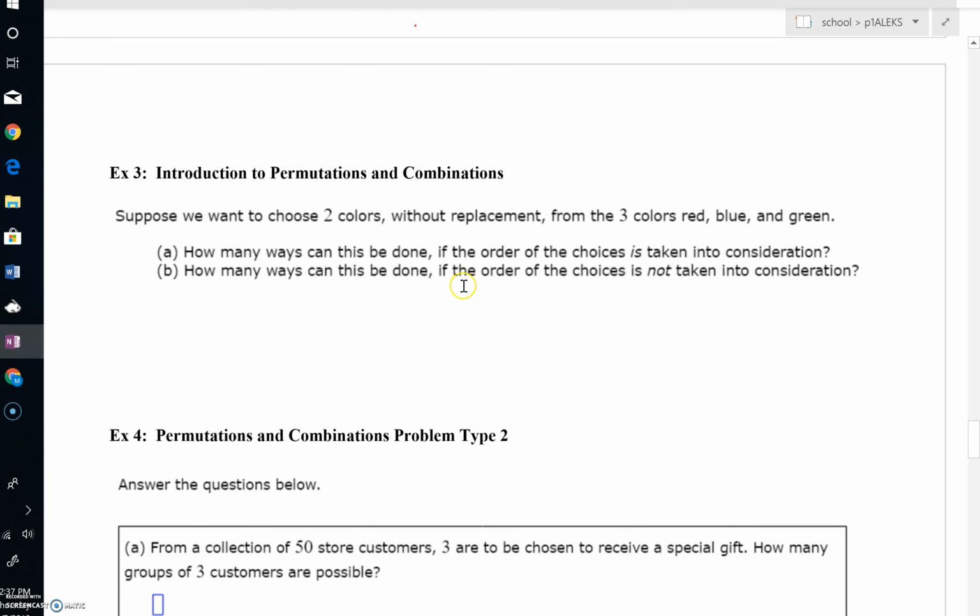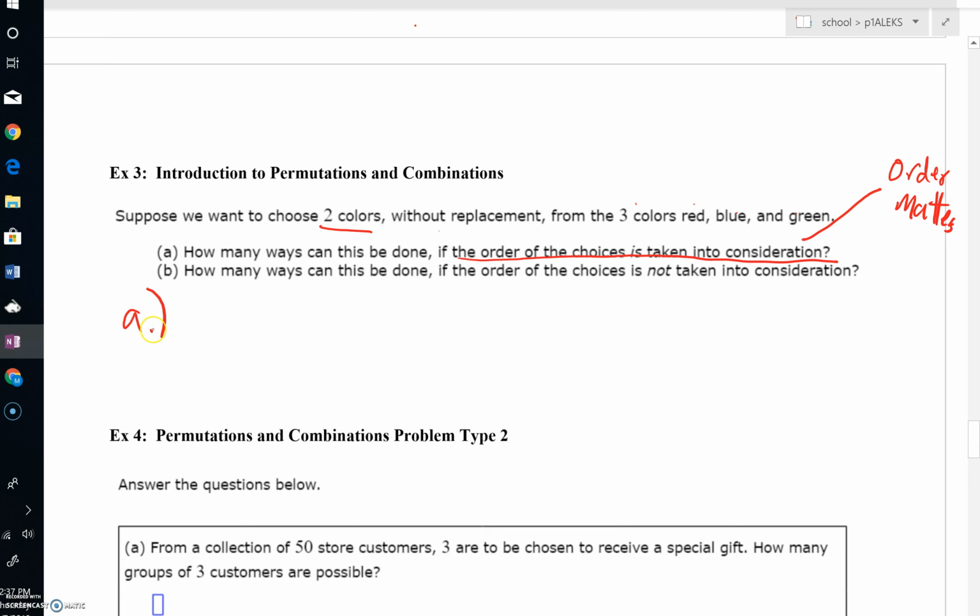Well, let's take a look at example 3. Suppose we want 2 colors without replacement taken from 3 colors of red, blue, and green. So we've got 3. For A, they're saying how many ways can this be done if order is taken into consideration? Order matters. Order is relevant.